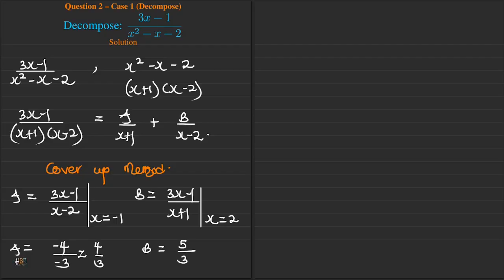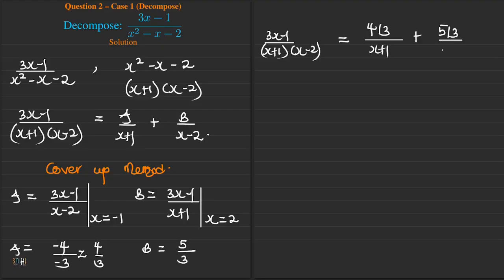You see, this implies that the partial fraction of (3x minus 1) over (x plus 1)(x minus 2) is then going to be equal to our a, which is 4 over 3 all over x plus 1, and then plus b, which is 5 over 3 over what?